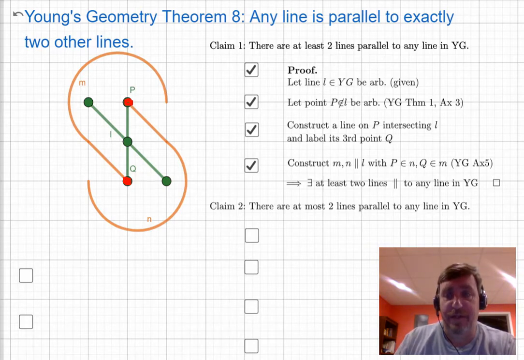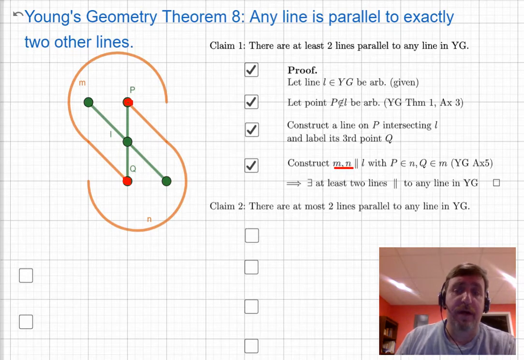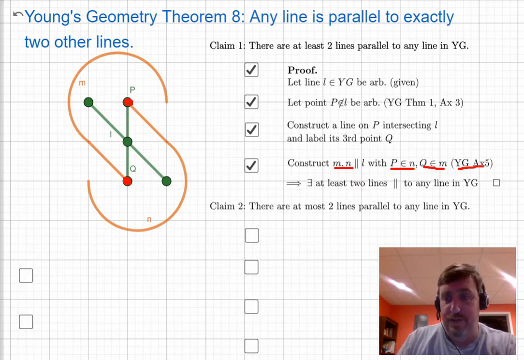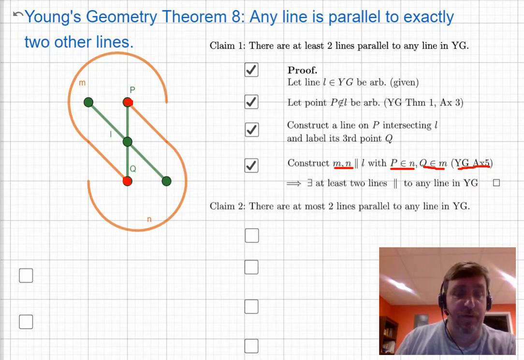We have parallel lines M and N. Just for clarity, we're saying that P is on line M and Q is on line N. Again, the whole plan was to use Axiom 5. Not a problem: we know that we've got two points that aren't on L, and we know that this theorem is true.